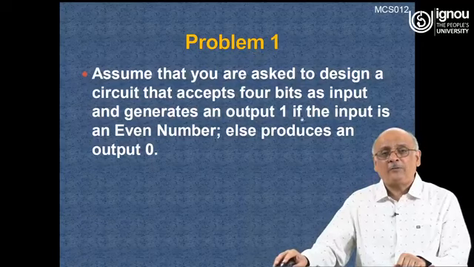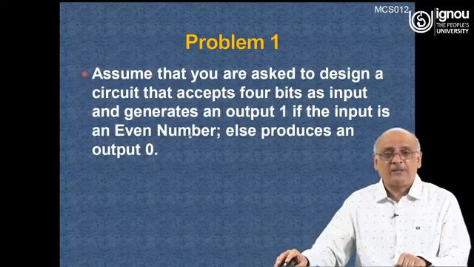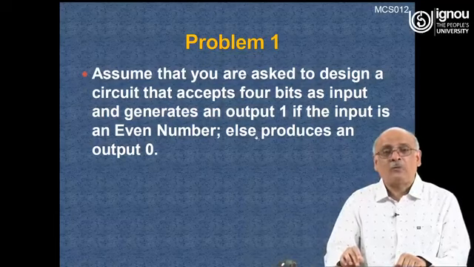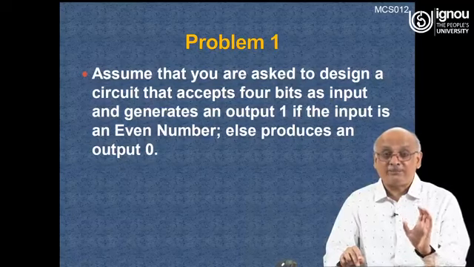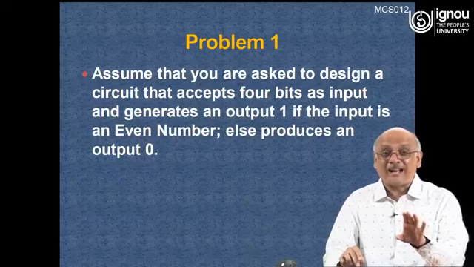So if the input is even, in terms of decimal number, then it should produce an output 1, otherwise it should produce an output 0. So a circuit can be designed to do this particular activity also.